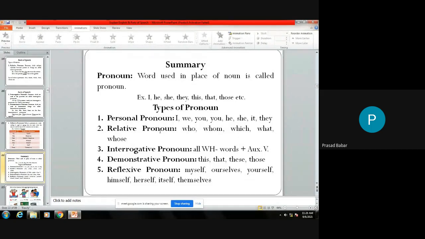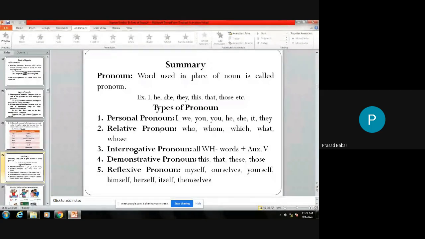Then the next type is interrogative pronoun. All WH words are examples of interrogative pronouns, but after the WH word we have to use an auxiliary verb. Then it will be an interrogative pronoun.